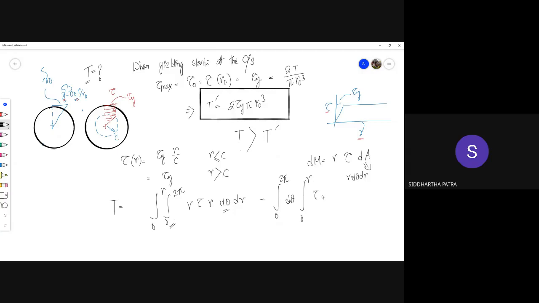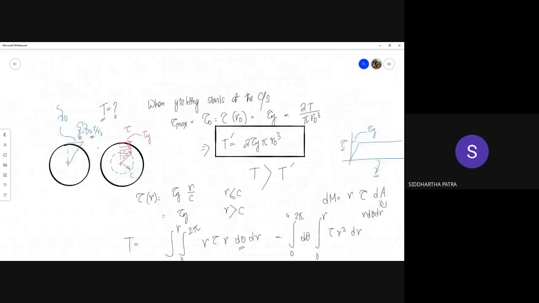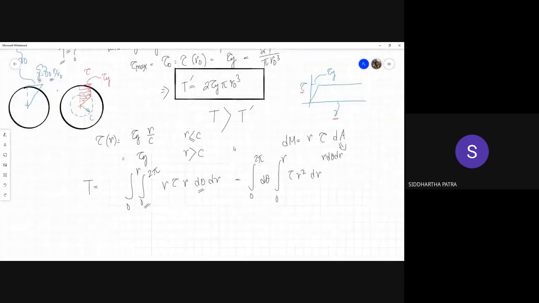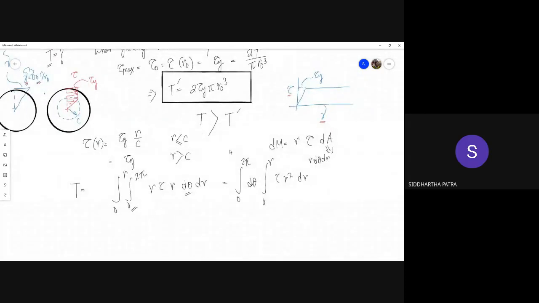So tau r squared dr. Now this part of the integration simply gives you twice pi. So everything interesting is with the other part, the integration with respect to r.